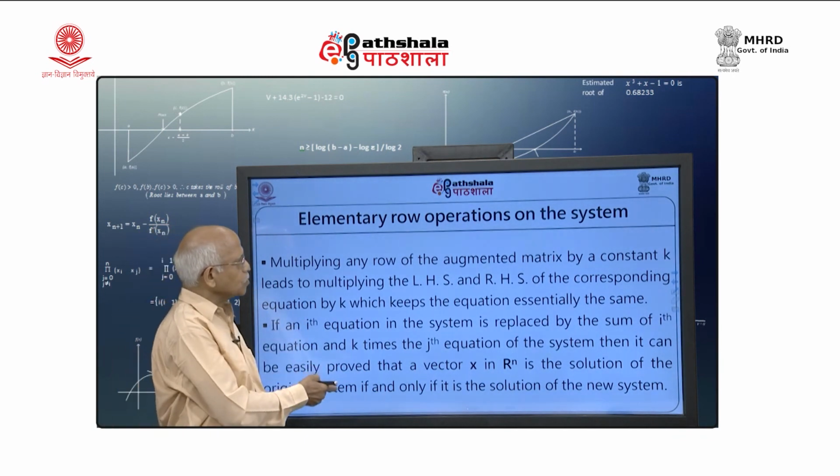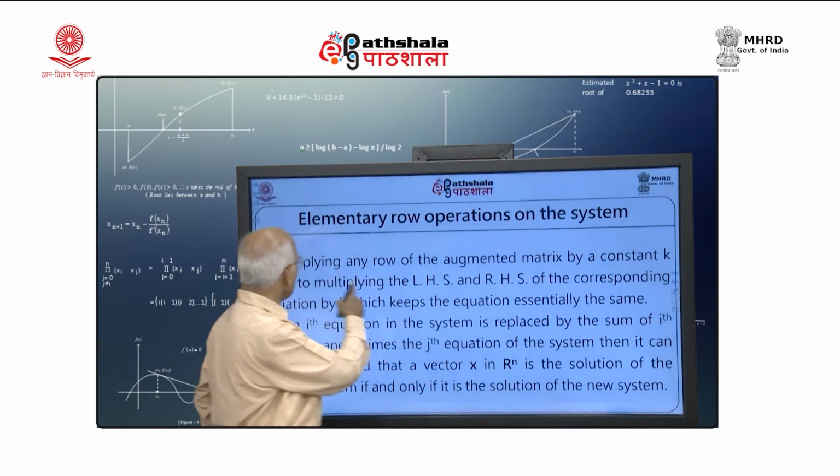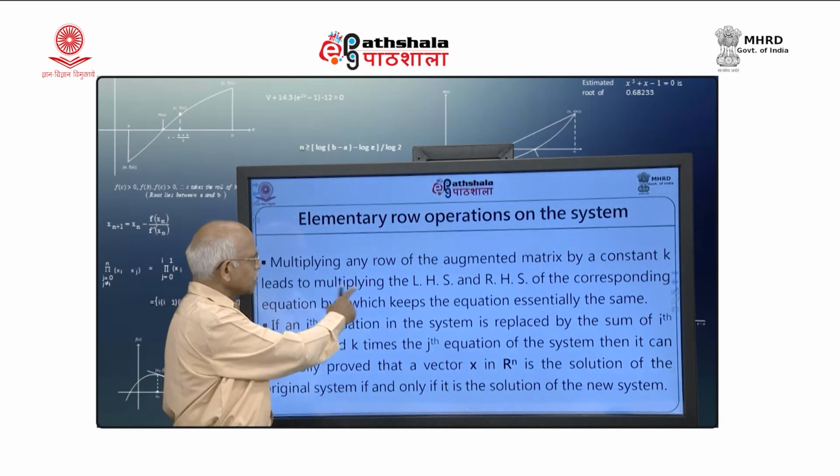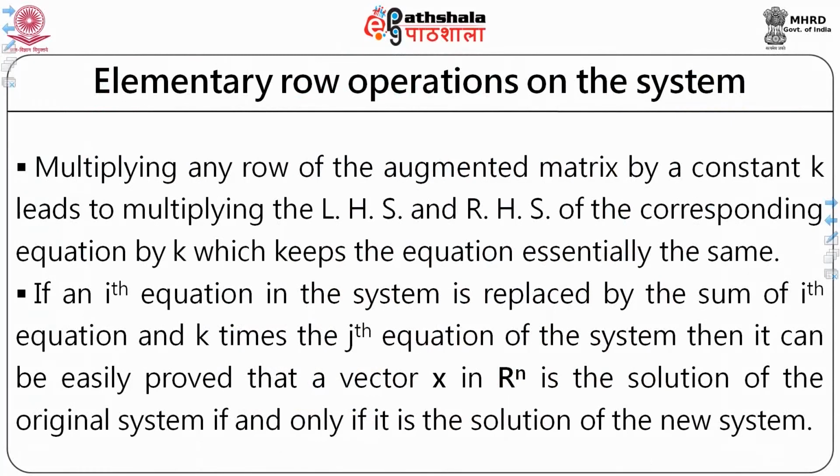Multiplying any row of the augmented matrix by a constant k leads to multiplying the left-hand side and right-hand side of the corresponding equation by k, and if I multiply both sides by k, the equation does not change, and therefore the solution remains essentially the same.